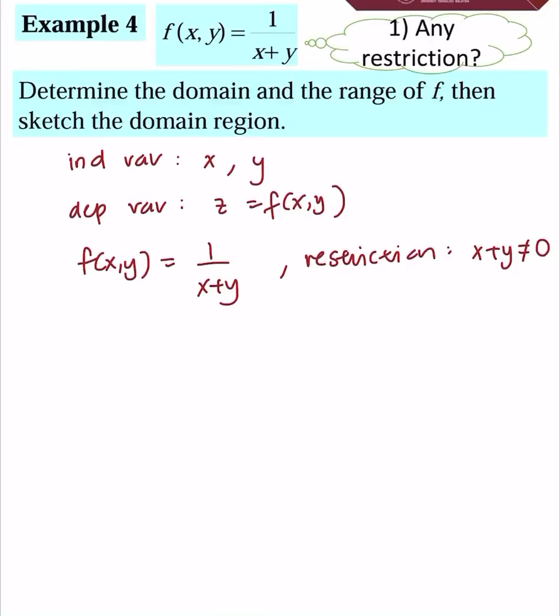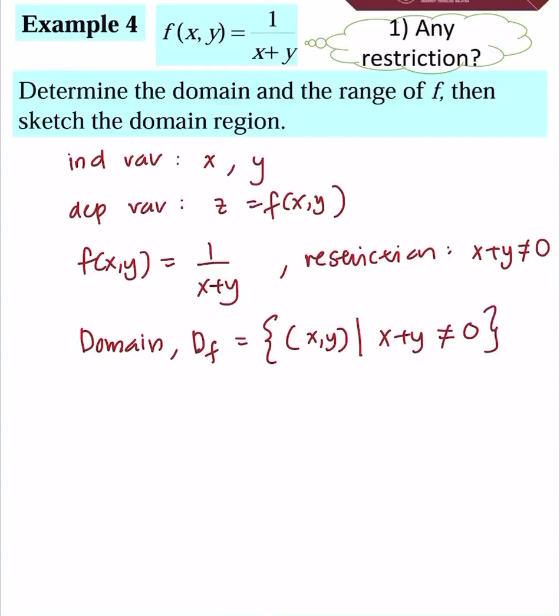So from here we can state our domain: the independent variables x and y such that x plus y cannot equal 0. That is the condition. That is our domain.